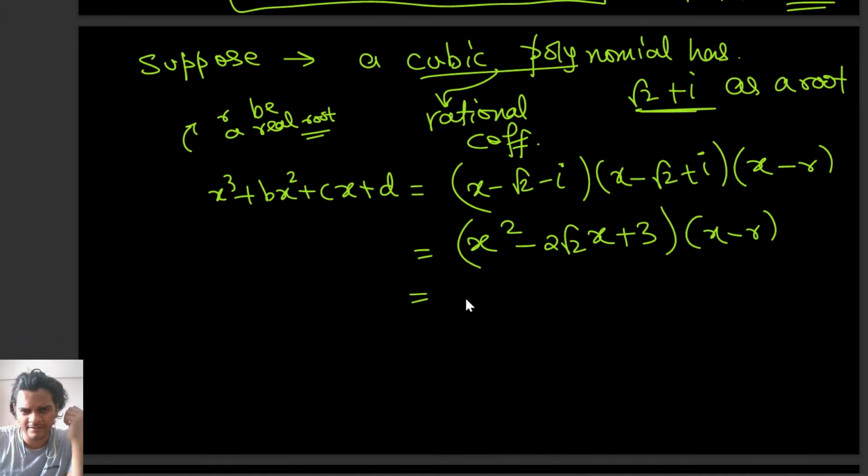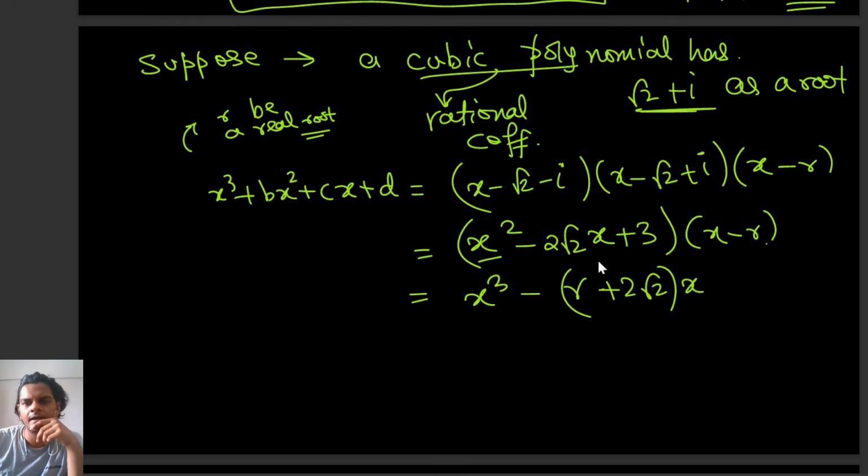So how would that look like? x cube, minus, so I want x square, so x into minus r plus 2 root 2 whole x, right? That's what you'll get, minus r minus this.